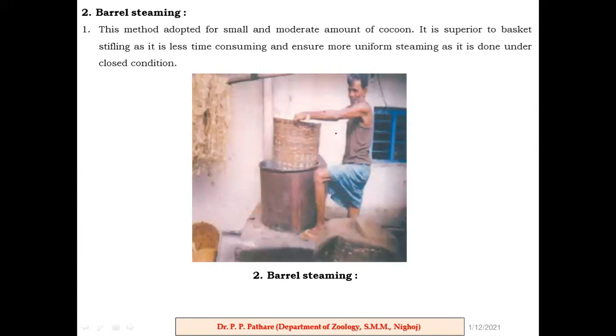If a small farmer produces up to 100 kg of cocoon, at that time you can choose this type of method for cocoon drying. Compared with basket steaming, this method is superior, as it is less time consuming.